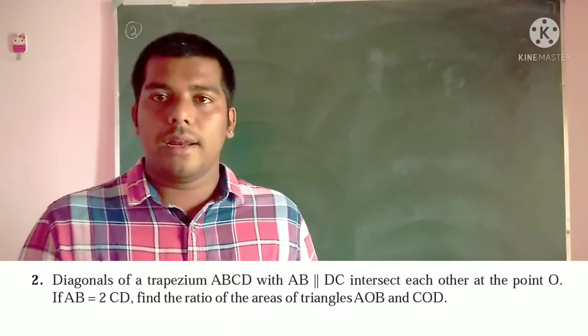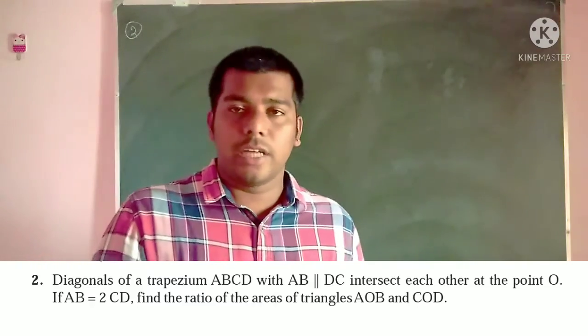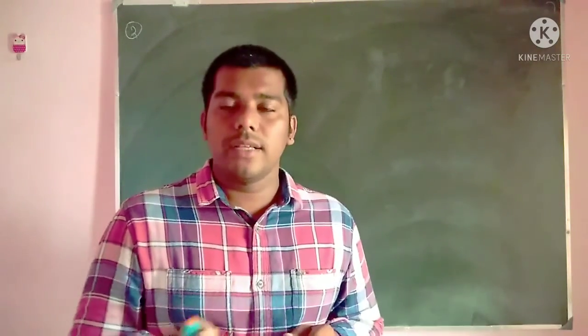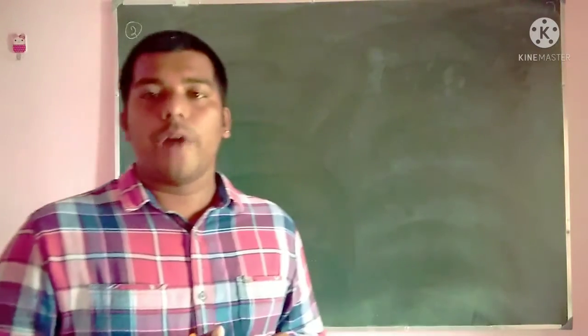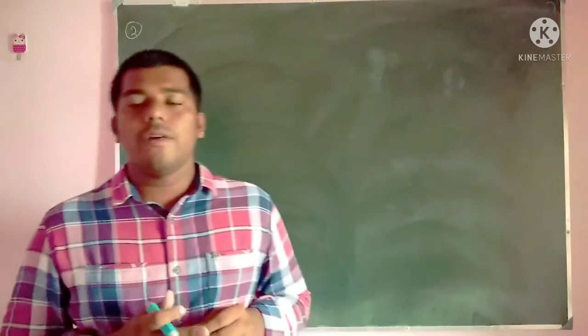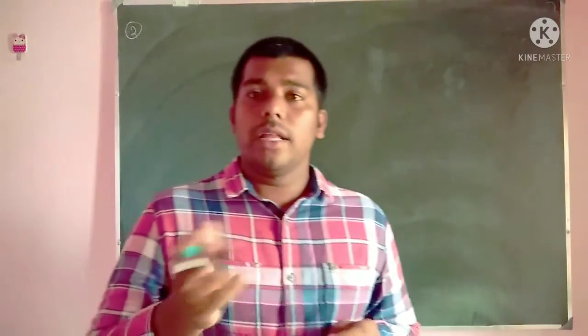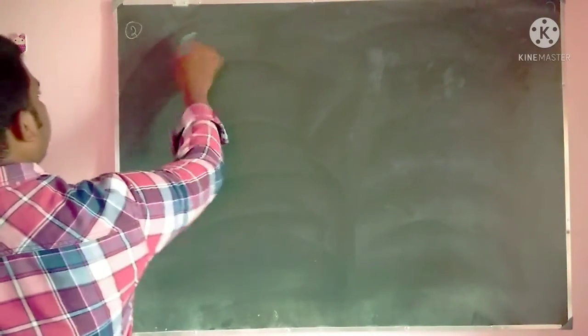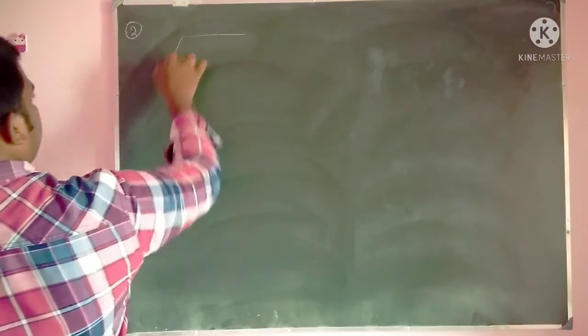AB and CD are parallel, the diagonals intersect at O, and the length of AB is twice CD. Now we need to find the ratio of the areas of triangles AOB and COD. Since they mentioned the diagonals intersect at point O, we can draw the figure.